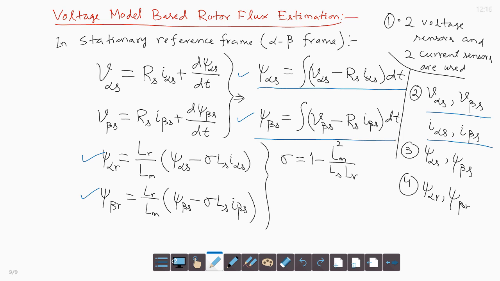Once we get the stator flux components in the alpha beta frame, we get the rotor flux components psi alpha r and psi beta r using this equation, because we have psi alpha s, psi beta s, I alpha s, I beta s. These are used to compute the unit vector. How you get the psi alpha r and psi beta r relation, you can work out yourself. I will just give a short reference derivation of one equation.